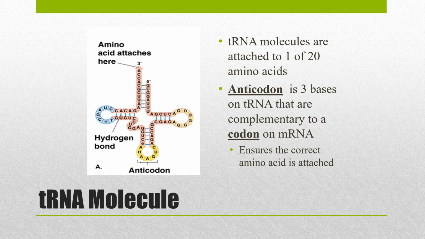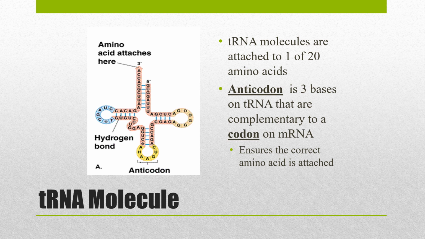We're going to enter into the second process of gene expression, which is going to be translation. The purpose of this tRNA is going to be to add on the amino acids to the growing chain of amino acids that will eventually become, once it's finished growing that full chain, a protein.